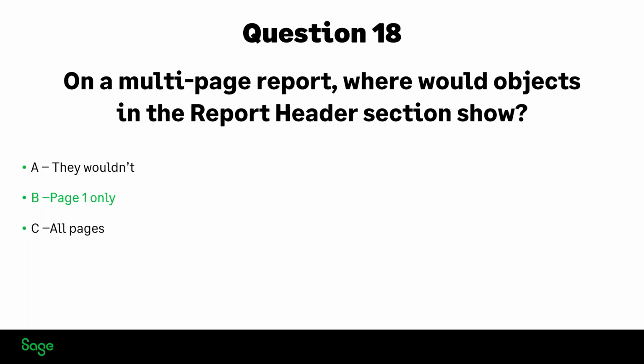If it's the report header, it's at the start of the report only. If it's in the page header, it'll be at the top of each page. Similar for your totals as well, being in either the report footer or the page footer, depending where you want to see certain things. So the end of report banner, where it says end of report, that would appear in the report footer section, just as an example. You just see it at the very end.